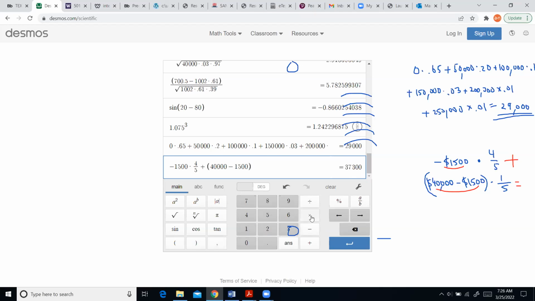So you don't have to worry about doing anything by hand if you have a calculator, especially one like this. So here's what you expect to make on this job: 40,000 less the 1,500 that I spent for a bid.